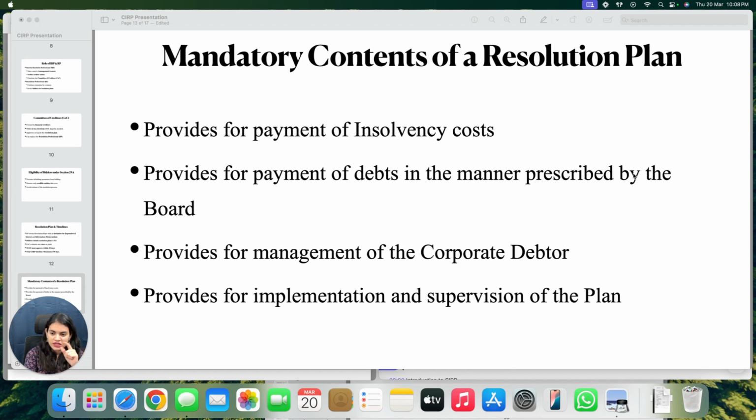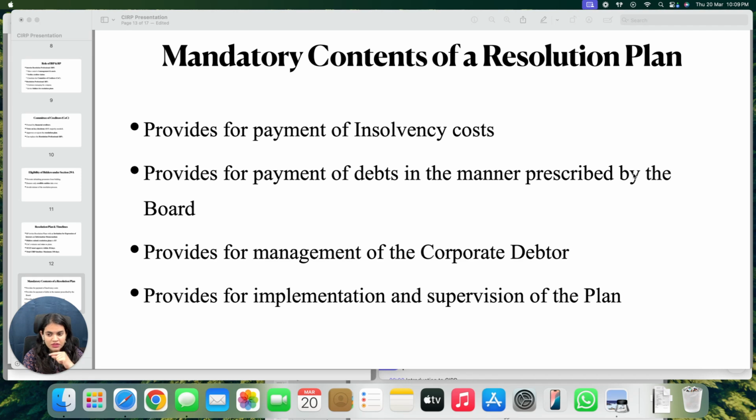Initially, when the CIRP is commenced, the adjudicating authority, while giving the order of admission of the CIRP, will provide for an amount that is to be given by the applicant for the commencement and initial period of the CIRP.